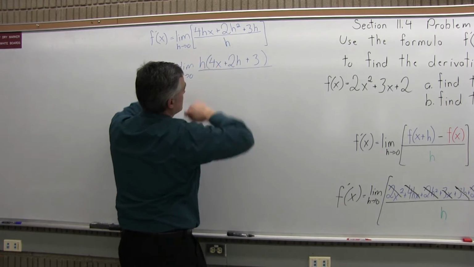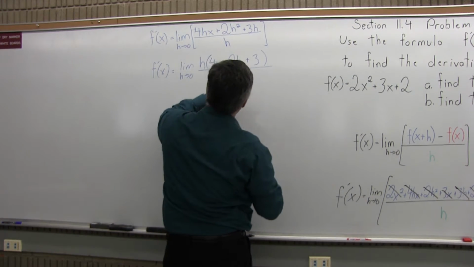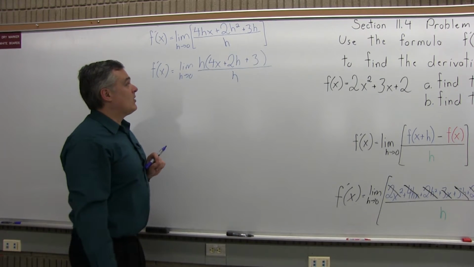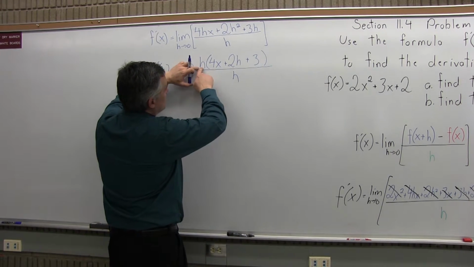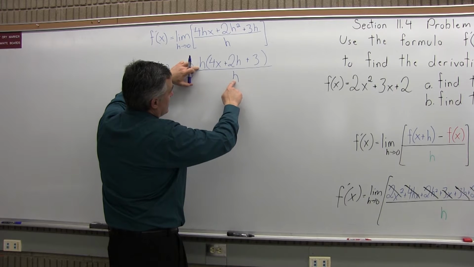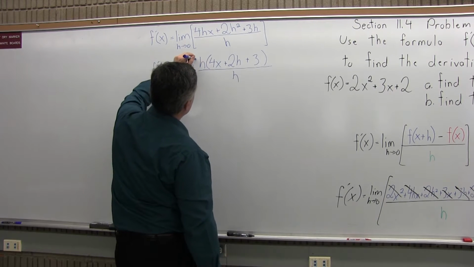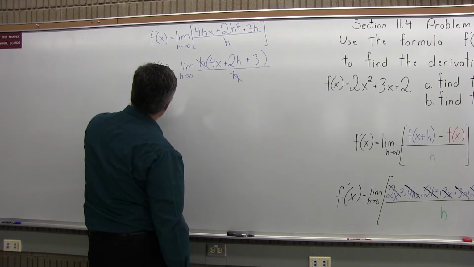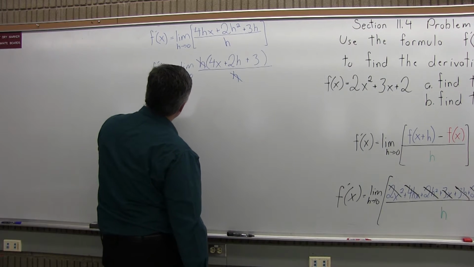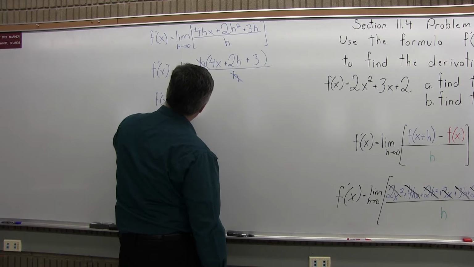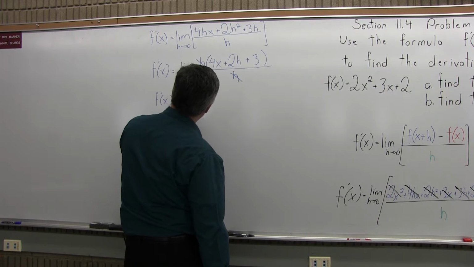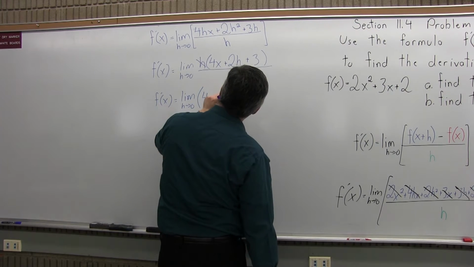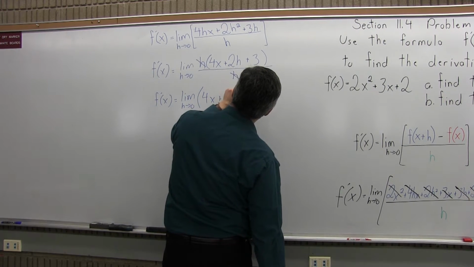And I still have this h from the denominator. Now, the h from the numerator that I factored in front can cancel with the h in the denominator. And now what I have is f prime of x equals the limit as h approaches 0 of 4x plus 2h plus 3.